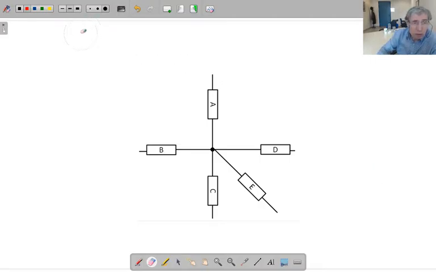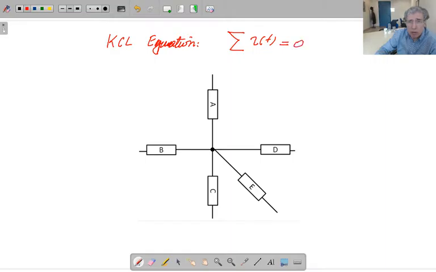In general, we know the Kirchhoff current law equation is the summation of the elements' currents which are connected to a node is equal to 0.